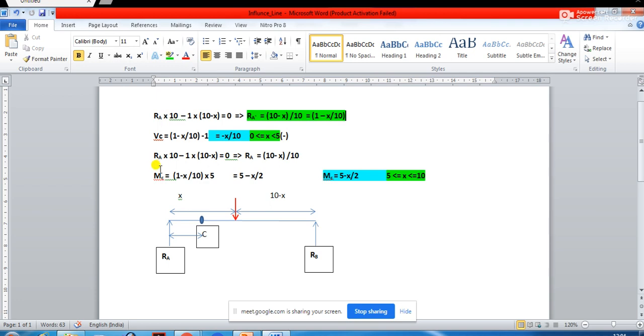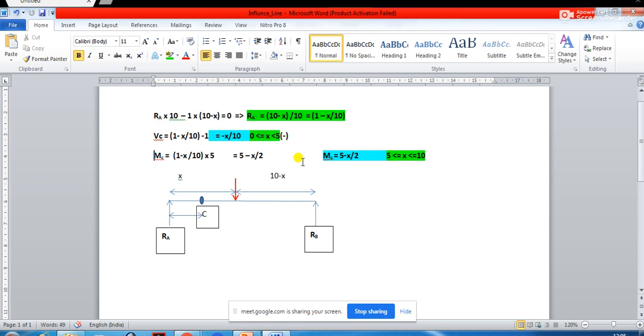Now once you have done it, what will be the shear force then?